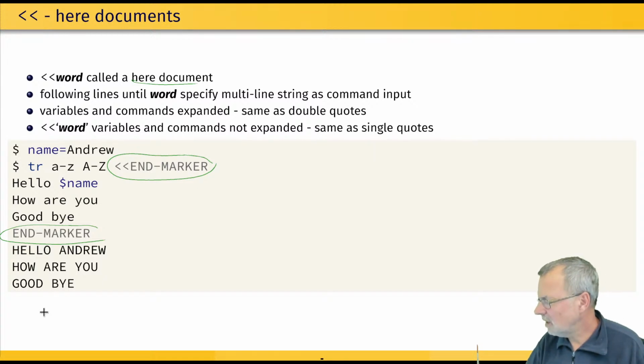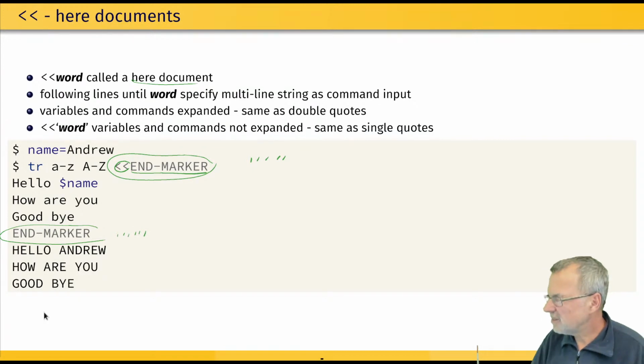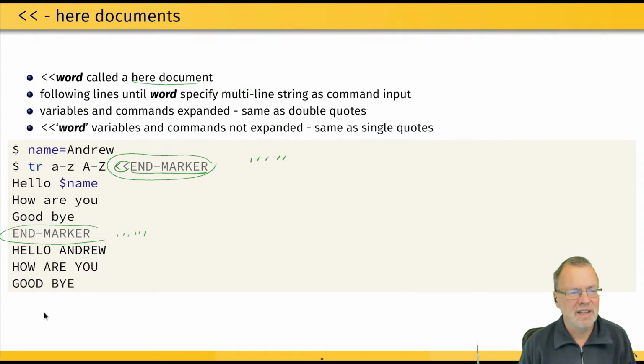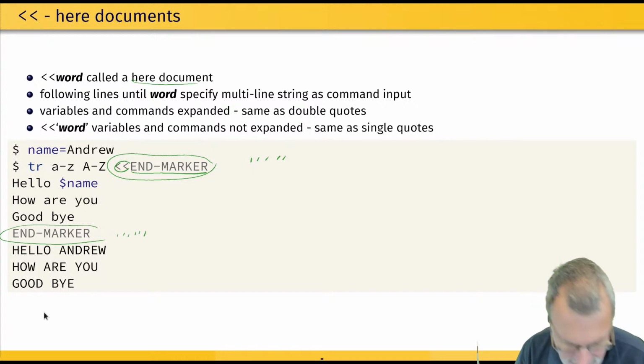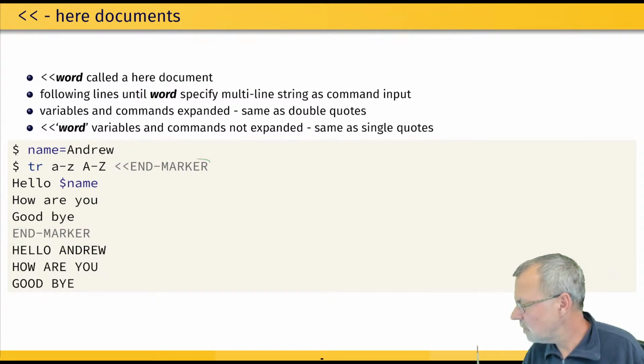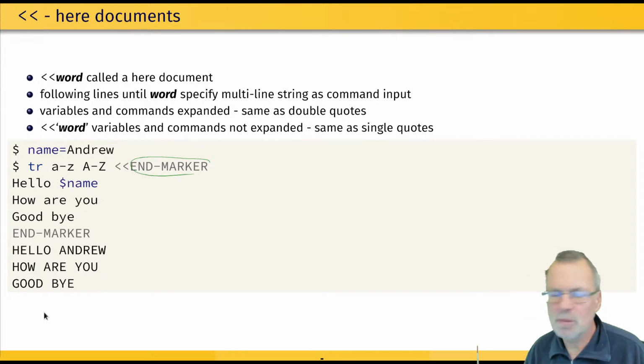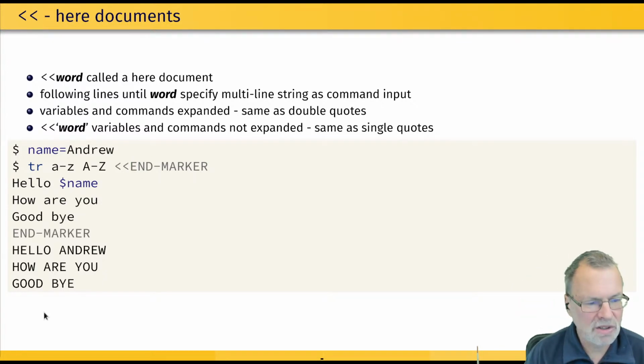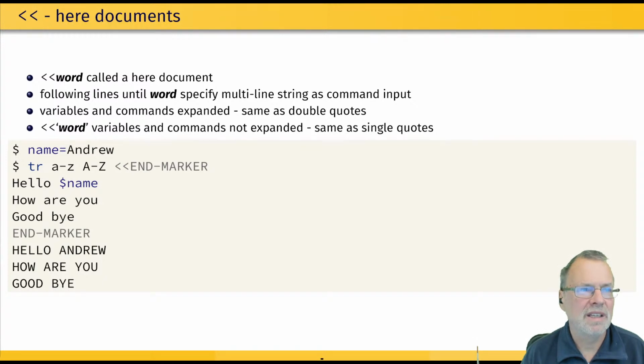This says I want a string, and I use that word to mark the end of the string. So you use this in the same place you might use triple quotes in Python to get a multi-line string. You can also put single quotes around the marker, or have variables expanded inside the multi-line string.